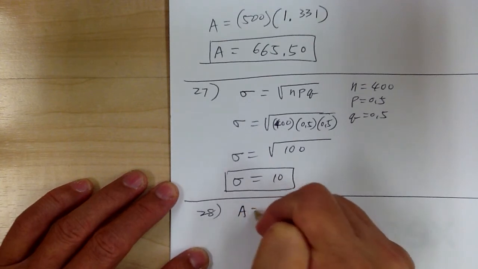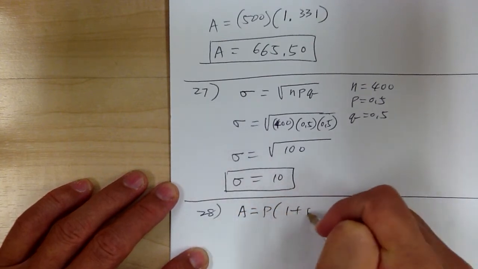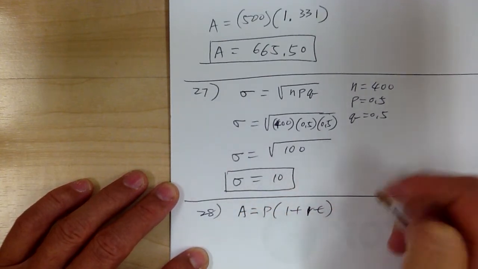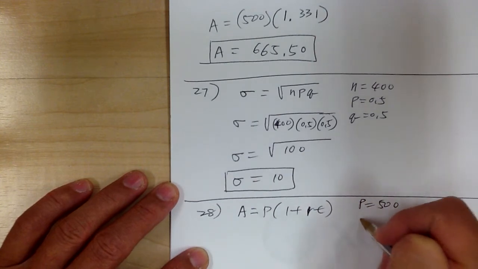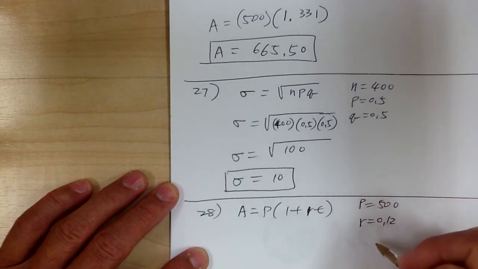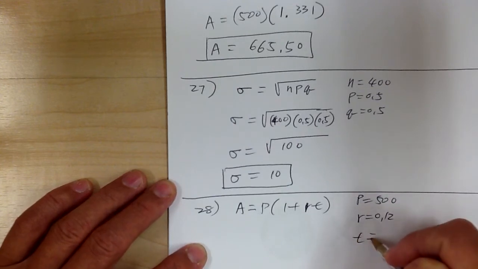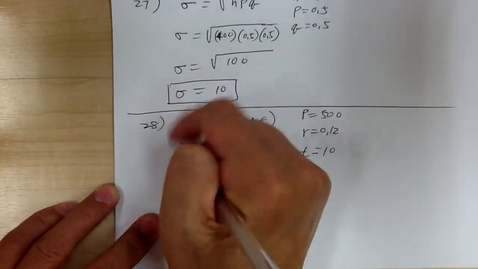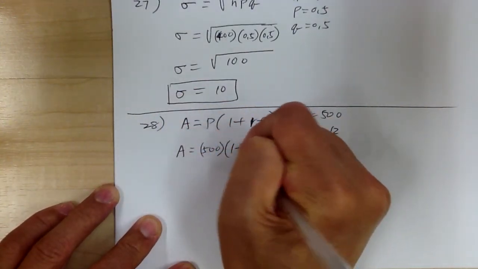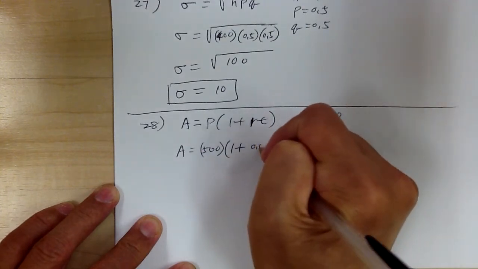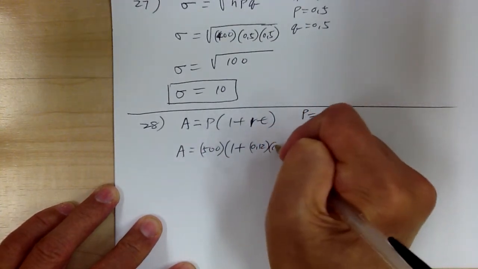Number 28, you have A equals P times 1 plus RT. And it tells you that P equals 500, R equals 0.12, and T equals 10. Again, first you substitute. So A equals 500 times 1 plus R is 0.12, T is 10.